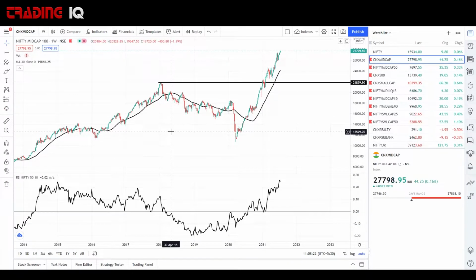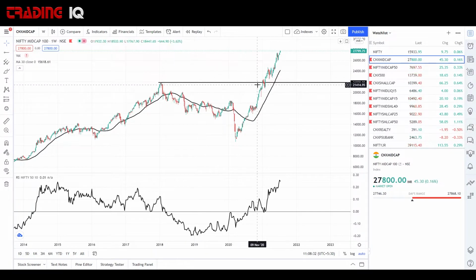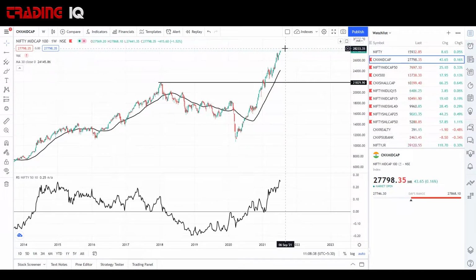And we already have drawn this resistance level, which it created back in January 2018. And then it recently broke out this year. And it is positioned well above its 30-week moving average. So there is no better place than to be in the mid cap sector right now, right?